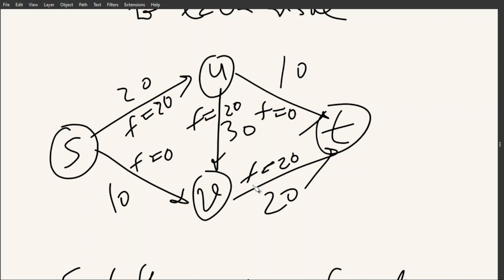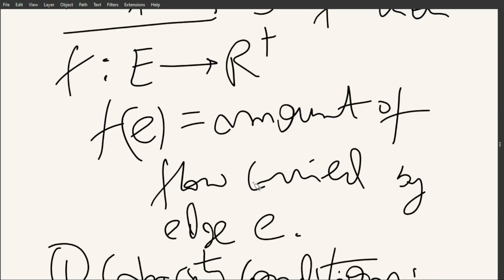Next we define the flow generated by the source. So value of the flow, Vf. Just remember this V is different, do not confuse it with the vertex V. Here V means value of the flow.